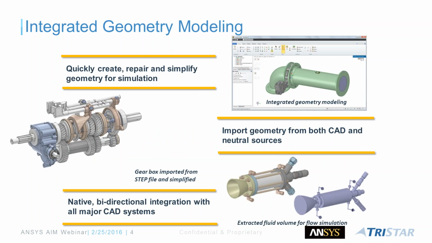Now, let me go over quickly some of the key capabilities in Ansys AIM. One is the integrated geometry modeling. Whether it's structural analysis, heat transfer, or fluid flow, there's always some amount of time we spend on defeaturing the geometry, maybe cutting the model in half, or in a fluid flow situation creating the fluid volume.